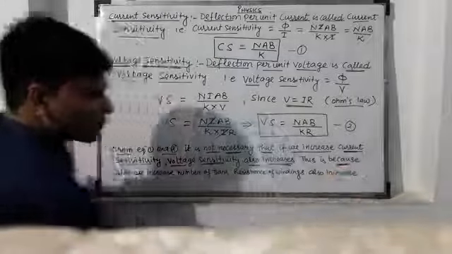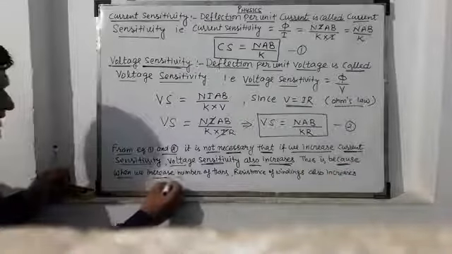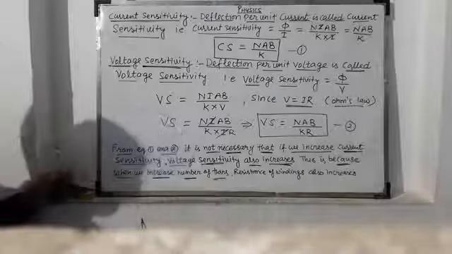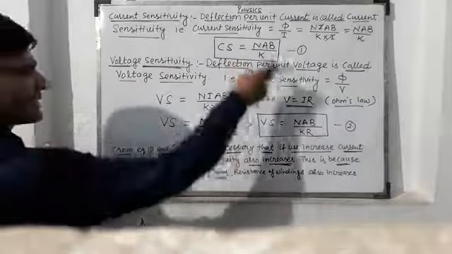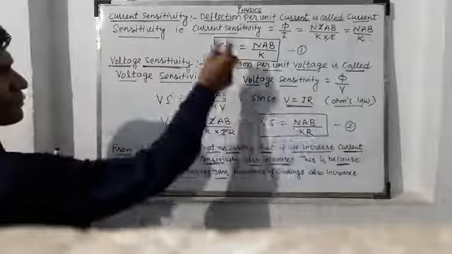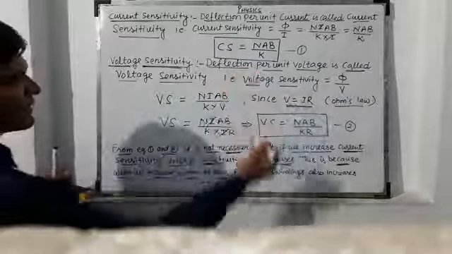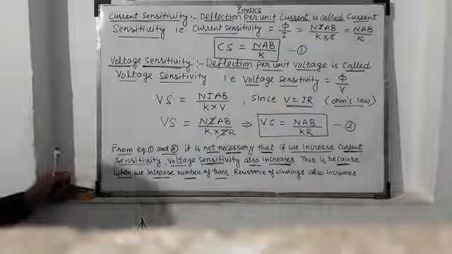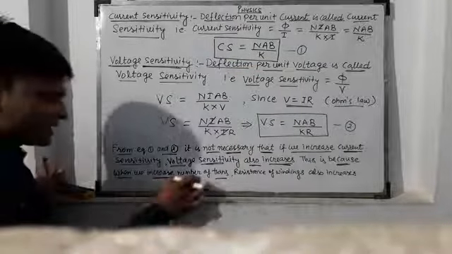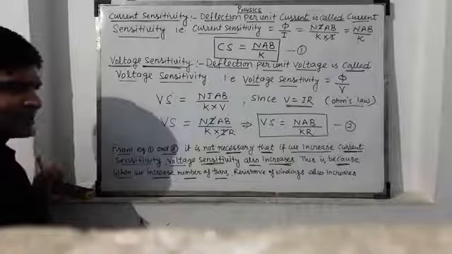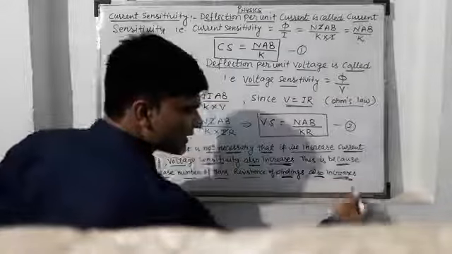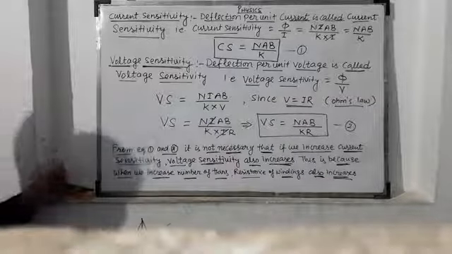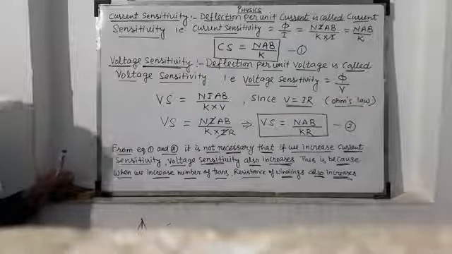This is because if we increase the number of turns, then by this formula and this formula, current sensitivity and voltage sensitivity increase. But as we increase the number of turns, the resistance of windings also increases, because resistance is directly proportional to length.